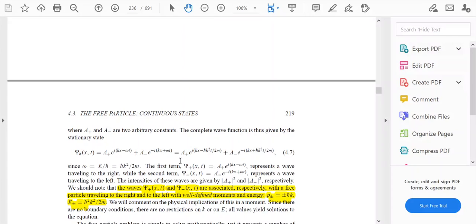So we know that there is a factor omega here. We know that E is equal to h cut omega. So omega is equal to E by h cut, that is equal to h cut k square by 2m.